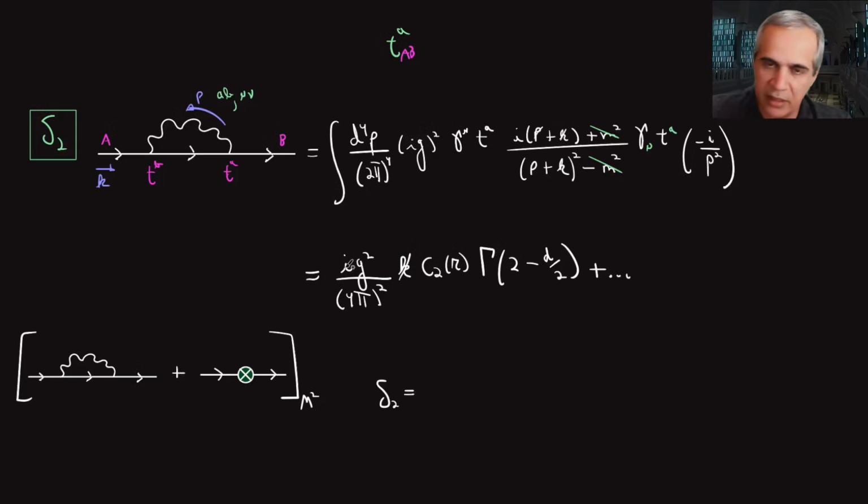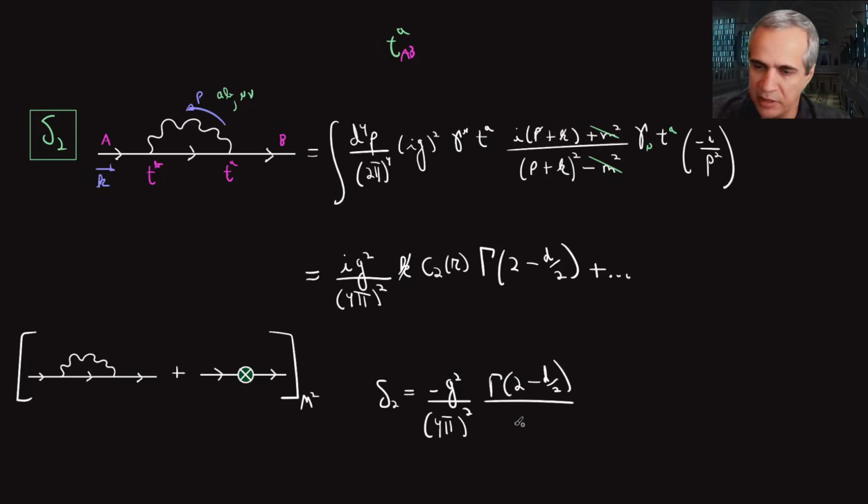There's an I explicitly in front of this, so I don't need that I. This will be just minus g squared over 4 pi squared. Again, I'll do the implementation of my scheme the same way I did before.